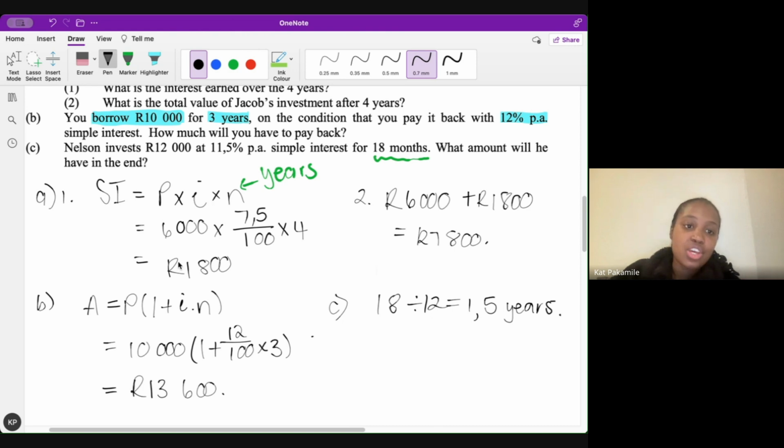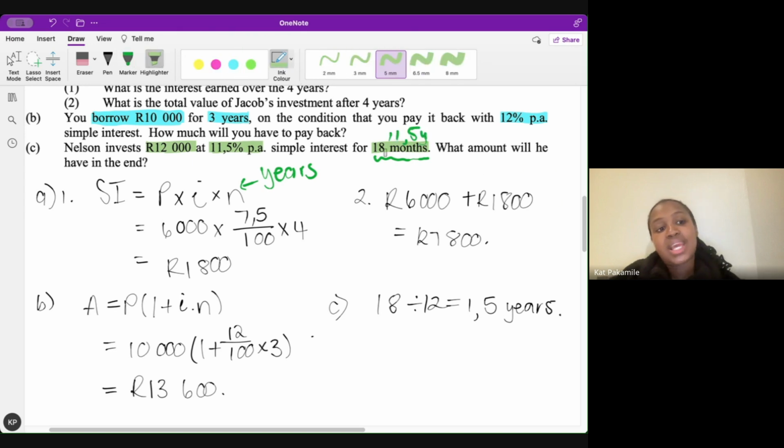Okay, so we have our years, and we have Nelson, who is investing. So this is an investment of 12,000 rands at 11.5. And we have our 18 months, which we have converted to 1.5 years. And then it says, what amount will he have in the end?